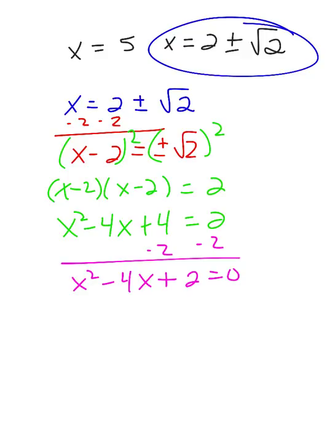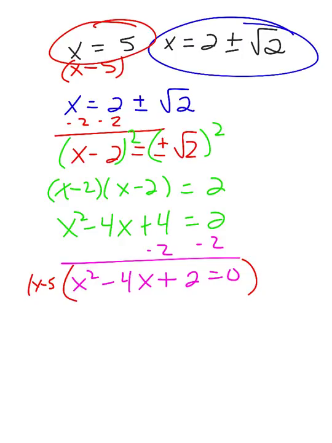All right, so now my other factor, if x is equal to 5, that's x minus 5 is my factor. So now I have to multiply this by x minus 5. I'm just going to put it below and start multiplying. So I have negative 5 times 2 is negative 10.